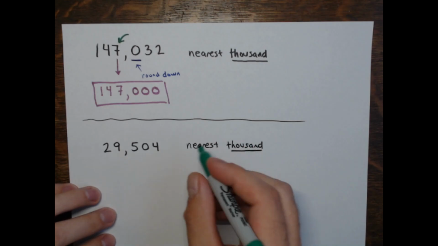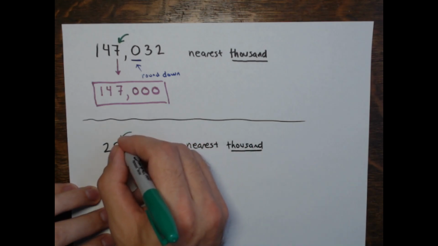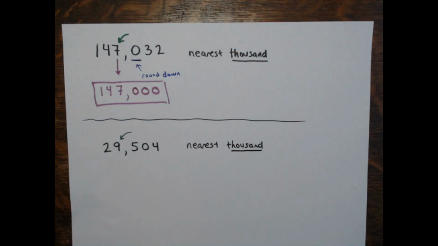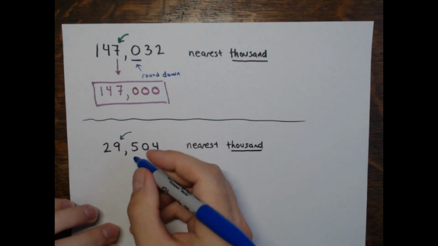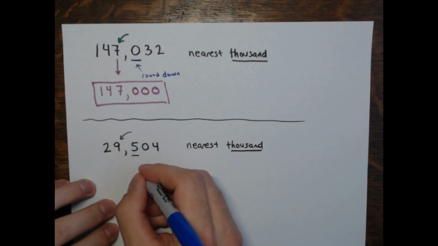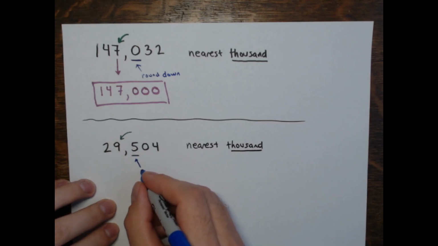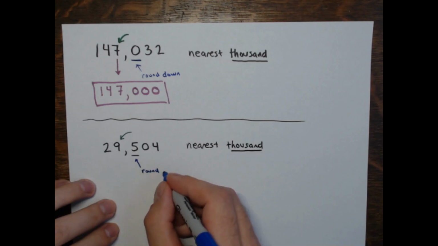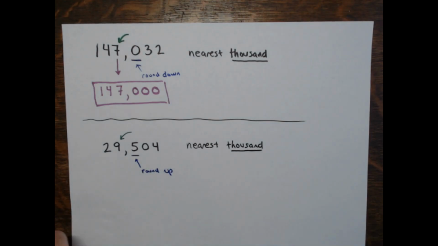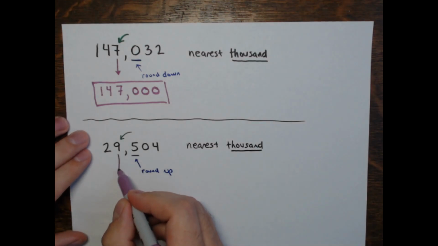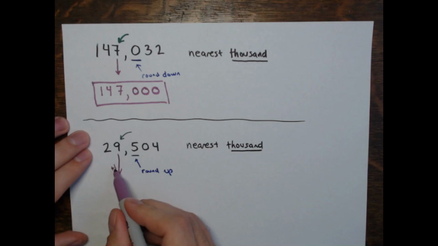Anyway, nearest thousand. This 9 is in the thousands place. I underline the hundreds place. This is 5 or greater, so we're going to round up. That means I'm adding 1 to my thousands place.